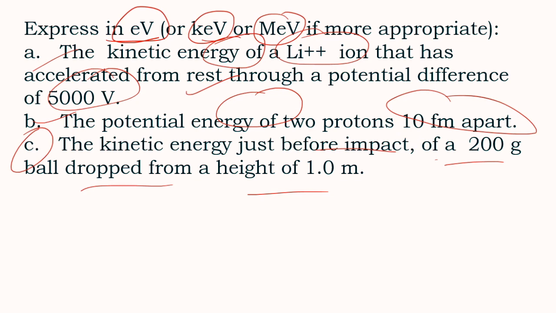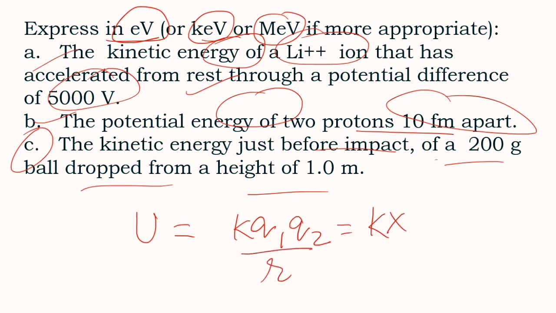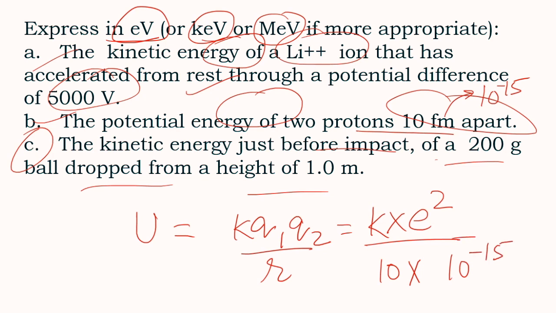Second is the potential energy of two protons that are this much distance apart. We know potential energy is Q1 Q2 divided by r. Here Q1 and Q2 for two protons give e squared, and r is 10 femtometer, which is 10 into 10 to the power minus 15 meter.